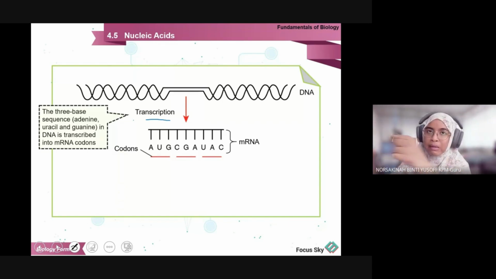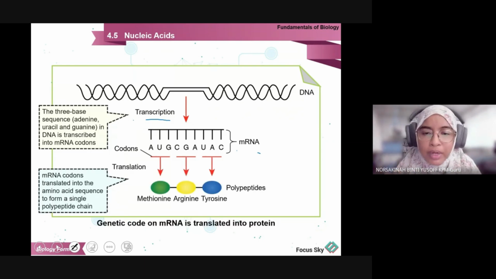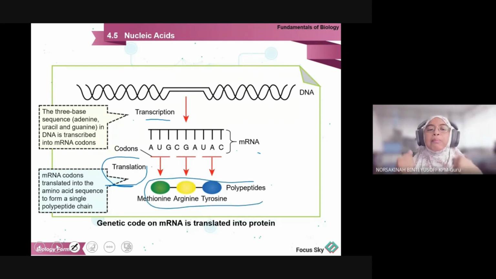You go to the pharmacy and buy the medicine. The letter you bring is like mRNA. It contains the language of the doctor. Then you bring it to the ribosome, which gives you the translation of the medicine, and you get the medicine, which is the polypeptide.